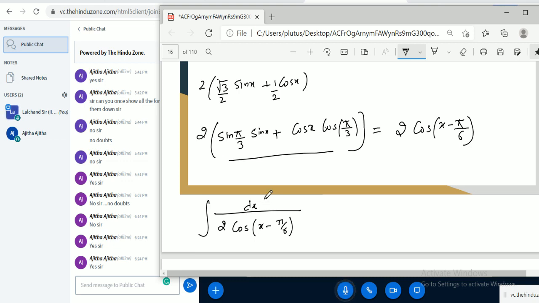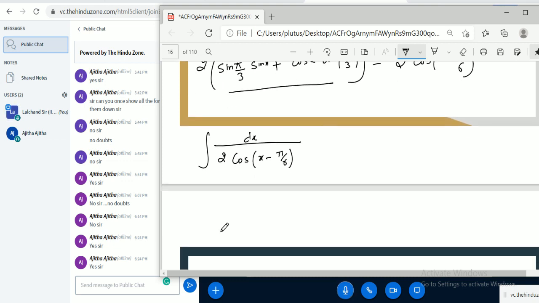Okay, so if we try to solve this, then we can write 1 by 2 integral of sec x minus pi by 6 into dx.